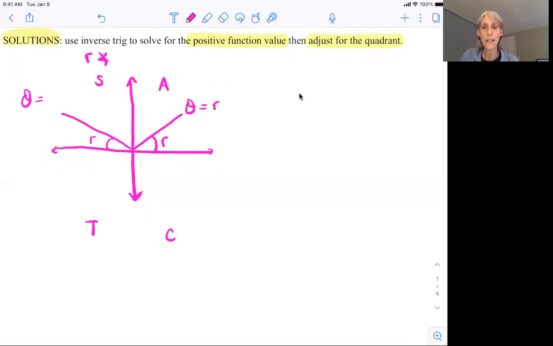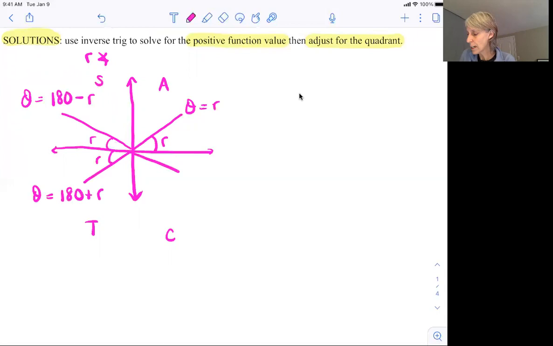If theta is a second quadrant value, we do 180 minus r. If we want to get our solution in the third quadrant, now this is a little tricky here, you're going to do 180 plus your reference angle. So it's a little bit different than when we were setting up function values.